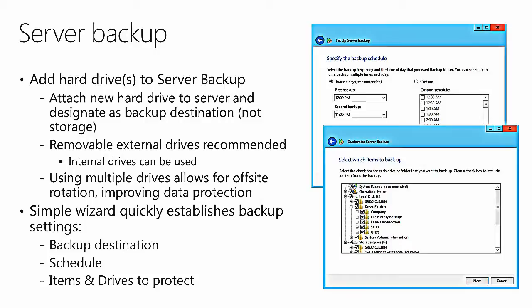So that initial run can take a considerable amount of time. But then on an ongoing basis, as that same destination device is used over and over again, it will only need to copy over the changed blocks on the source server, on your Essentials server, and store those on the backup destination.